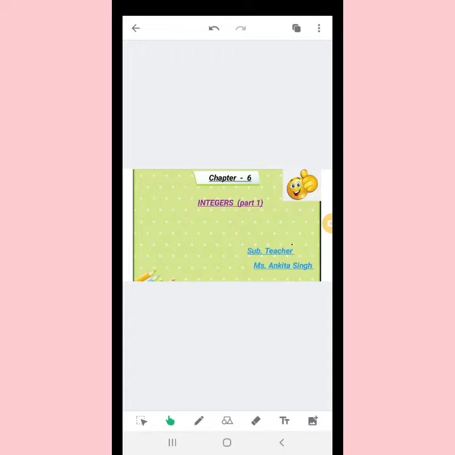day-to-day activities like the height of a tower, the depth of a sea, how it can be shown. See, it cannot be shown as more hotter days in summer, so it is shown by plus 50 degrees.